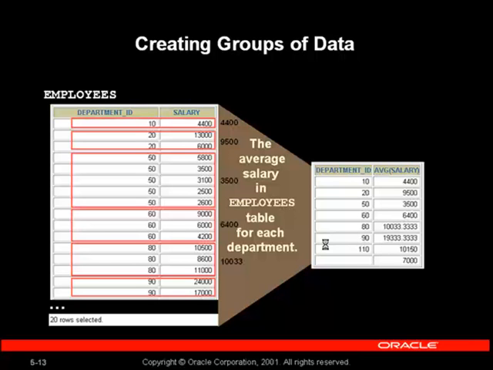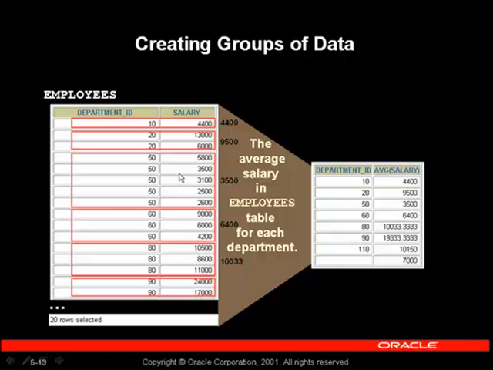So in essence, we're trying to, for instance, find the sum or the maximum salary based on the group. In this particular case on the slide, what we're trying to do is to find the average salary for every department. Now, if you look at the table on the left-hand side, you find out that in department 10 we only have 1 record, but department 20 has 2, and department 50 has, I believe that is 5.